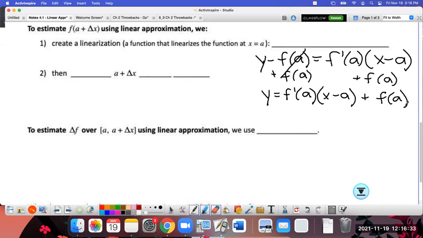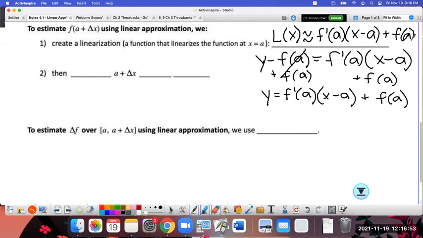We are linearizing, we're using that tangent line to approximate a value. So we're going to say L of x is approximately equal to f prime of a times x minus a plus f of a.